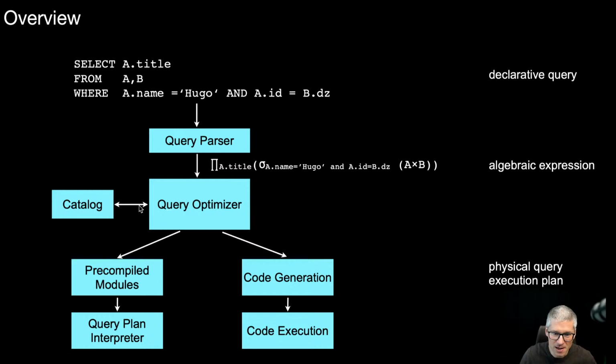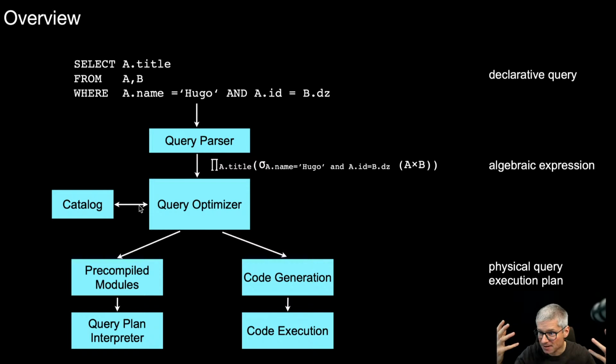And the query optimizer interacts with a so-called catalog. We mentioned that briefly already last week, where I said, okay, the catalog contains all the metadata in the database system. It has information on which tables exist, what are the attributes available on those tables, what are the domains, are there any foreign key constraints already available, how much data is there, statistics, how many tuples exist in that specific table.